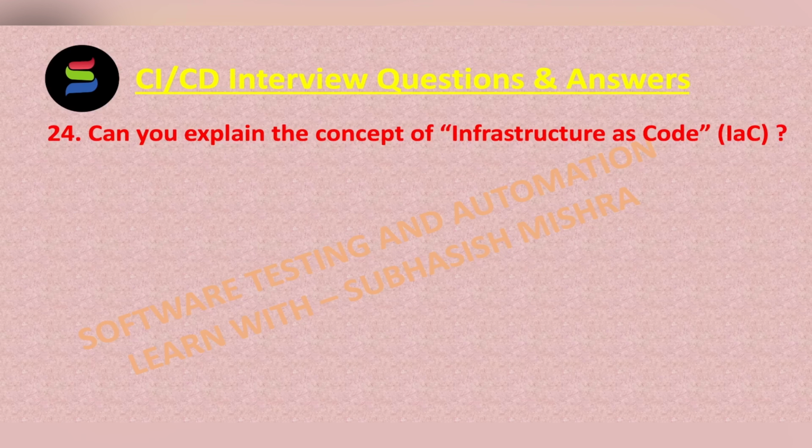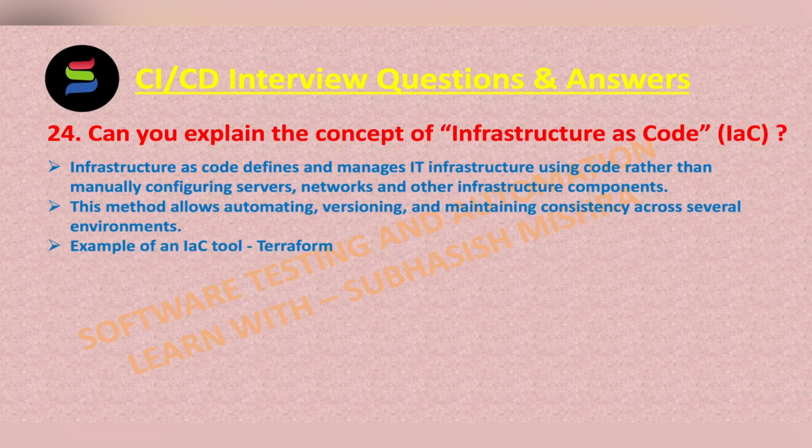Can you explain the concept of infrastructure as code? Infrastructure as code defines and manages IT infrastructure using code rather than manually configuring servers, networks and other infrastructure components. This method allows automating, versioning and maintaining consistency across several environments. One popular example of an IaC tool is Terraform.